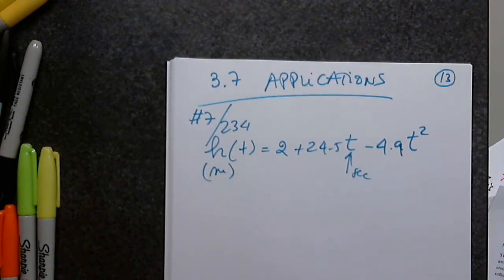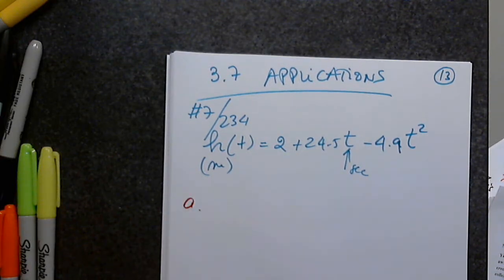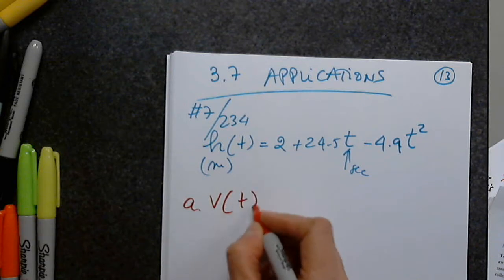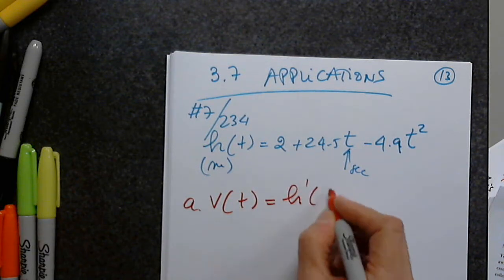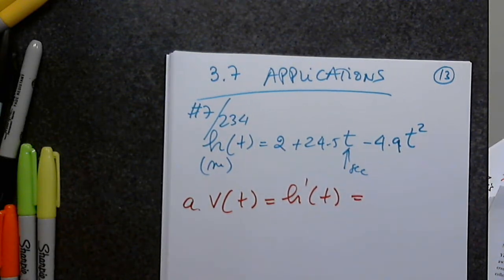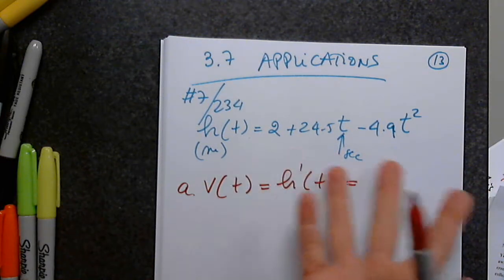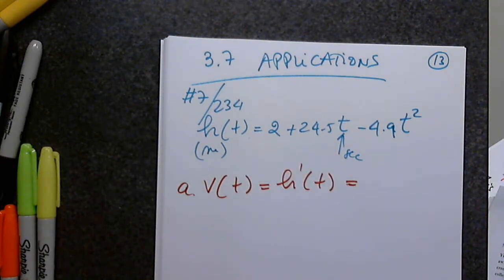That's just h prime at 2. Exactly. If I don't have the function, I cannot plug in. Very good. So v of t is h prime of t. First, we have to determine the function and then plug it in. So what do we get? Obviously, this is a quadratic function, very easy to handle, correct?